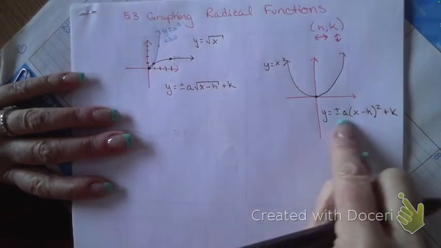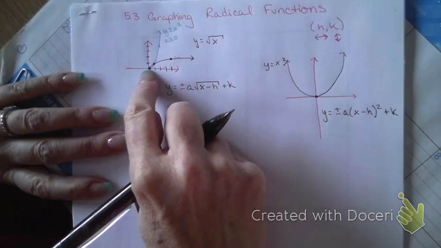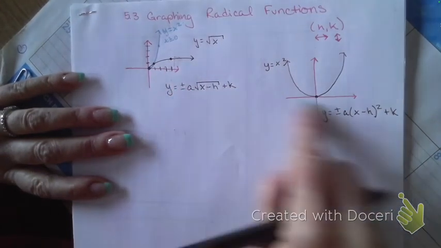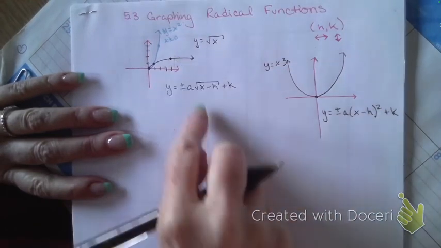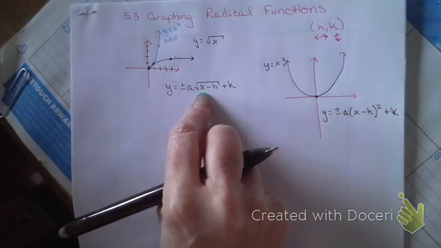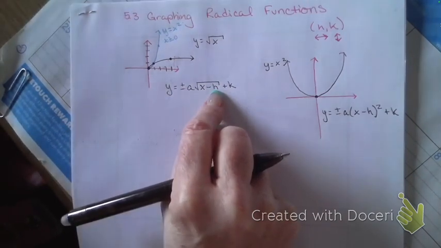But that is a parabola because it's squared. This is this shape because it's a square root. Is the same thing going to happen? This plus or minus is going to reflect it over the horizontal axis. If I put a negative on the x, it would reflect it over the vertical. H is going to move it side to side, horizontal.